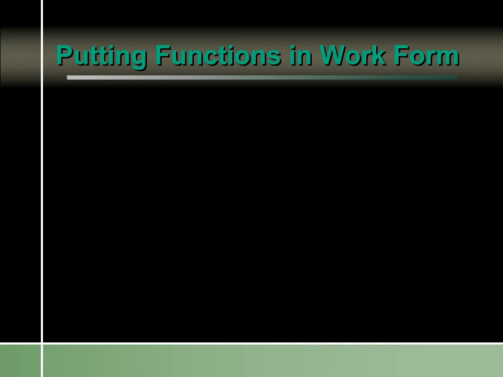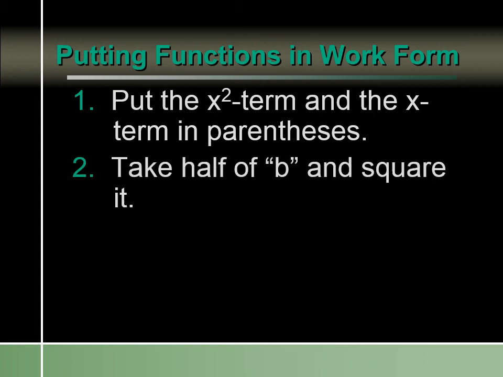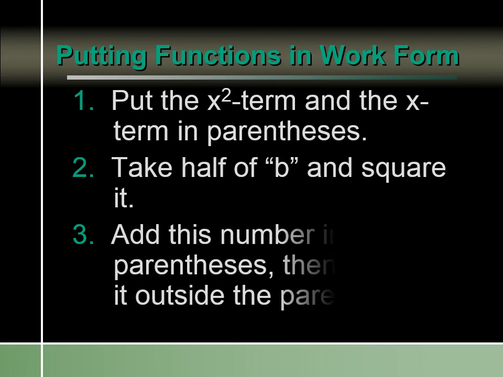So, in case you have forgotten how to complete the square, I'm going to go over the steps. Step 1, we are going to put the x squared term and the x term in parentheses. Step 2, we are going to take half of the b value, which is the number right before the x, and square that number.